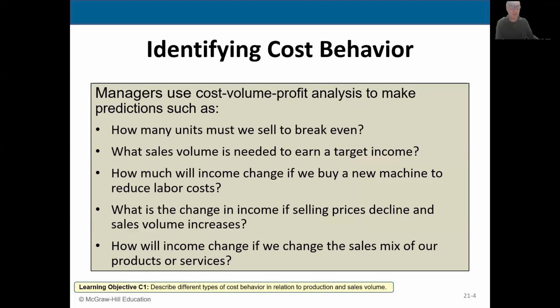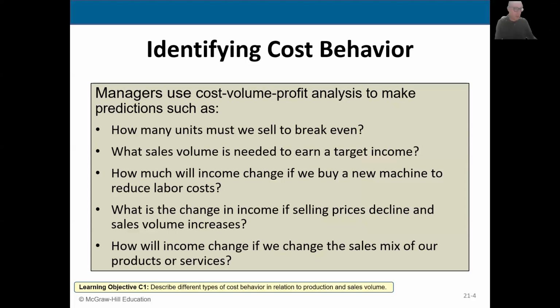We also use this method to understand how many units I need to sell in order to achieve a certain amount of income. We call this target income or target profit. Okay, the idea here is that if you want to make $100,000 in profit by the end of the year, we need to figure out how many units we need to sell in order to achieve that goal. That's what target income means.